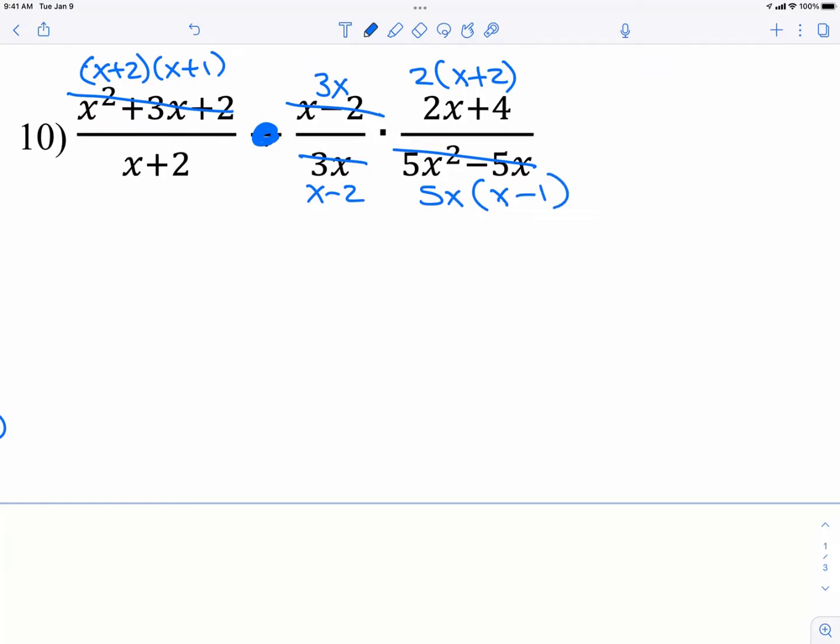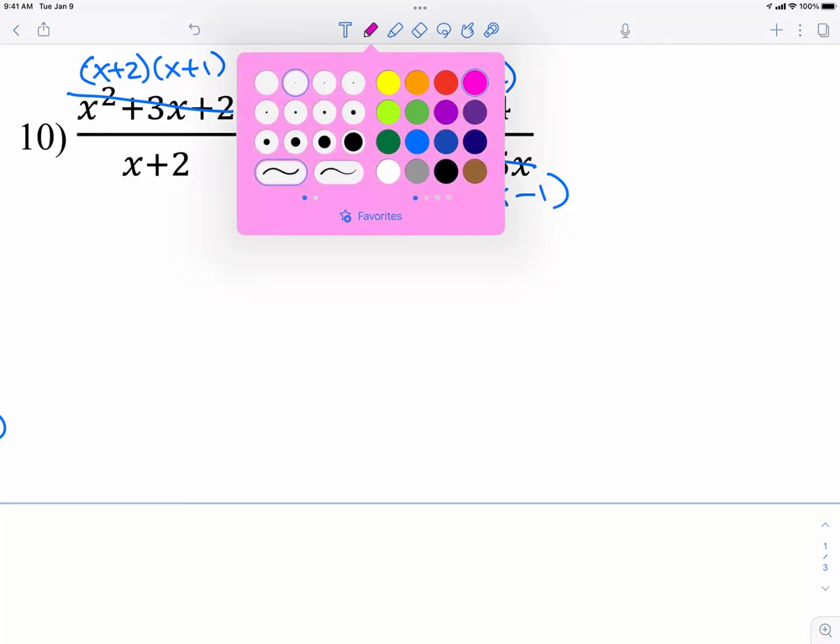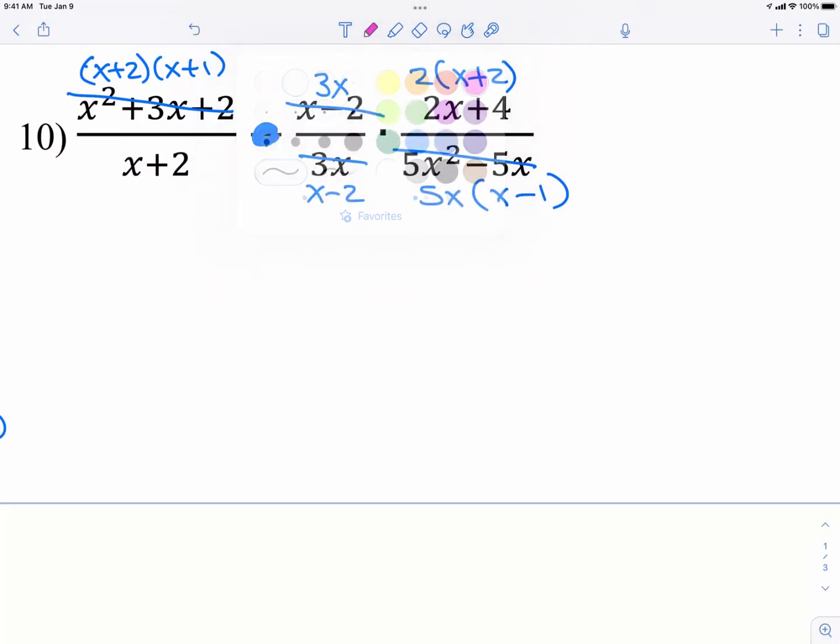Okay, and now we can start canceling out the like terms that are on the top and bottom. For instance, we can cancel out this x plus 2 with that x plus 2. We can cancel out this x with that x.